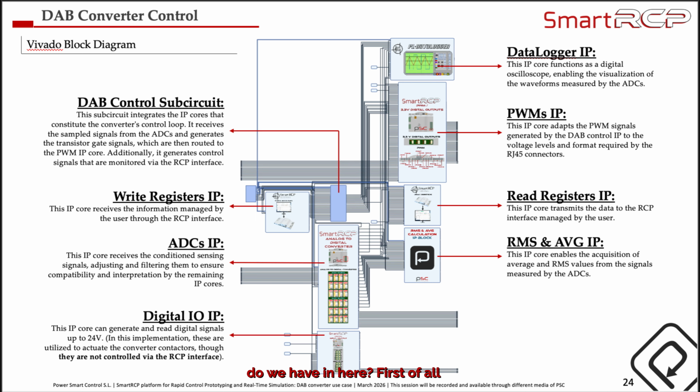So what do we have in here? First of all, we have the data logger, which will also work as an oscilloscope. Then we will have several IPs, which are the SmartRCP drivers.